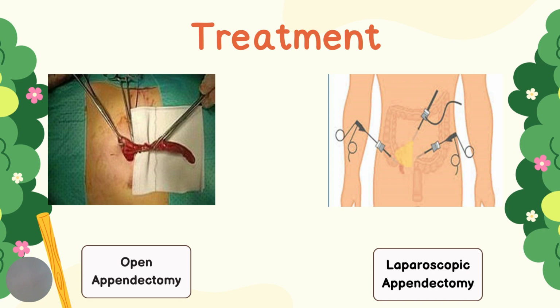But for the laparoscopic approach, three small incisions are made in the abdomen through which three ports are inserted, and laparoscopic appendicectomy is done. This laparoscopic appendicectomy is now the gold standard, which is done for acute appendicitis, if the facilities of laparoscopic surgery are available in the center.